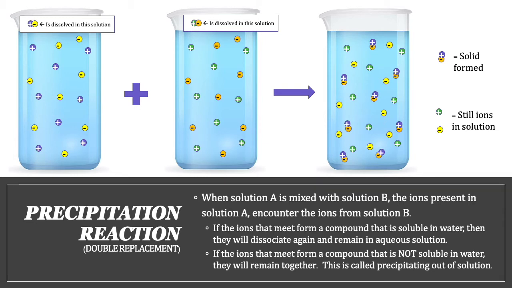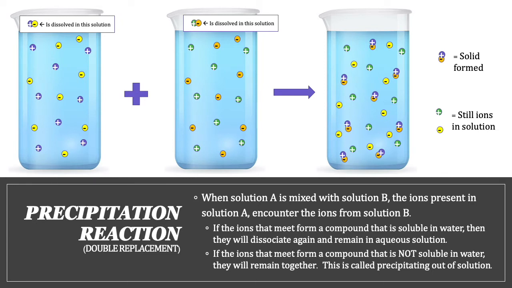Eventually all of these purple and orange particles would settle down to the bottom of this beaker. Occasionally a green particle will come into contact with one of the yellow ions, and they might temporarily form a compound, but the compound that they form is soluble in water, meaning water can dissolve it.